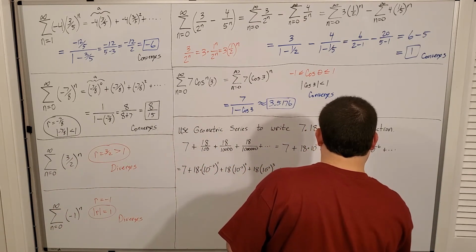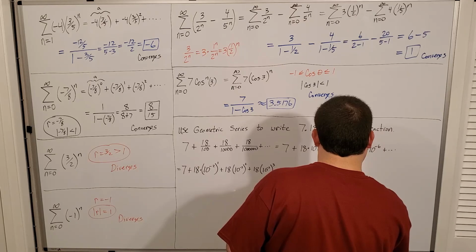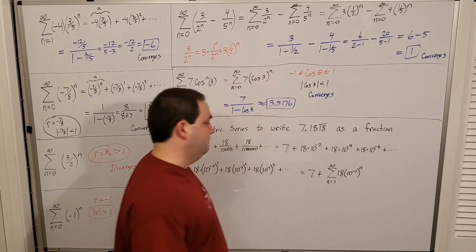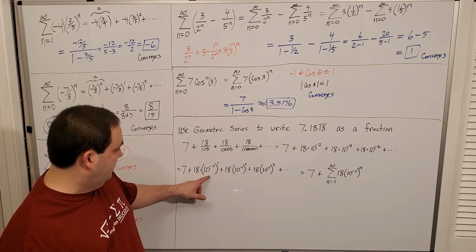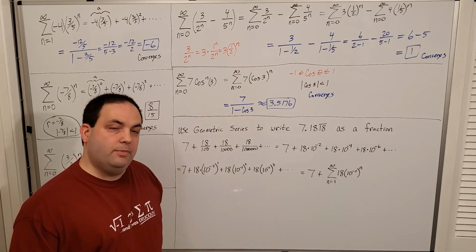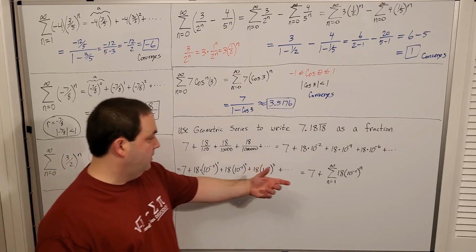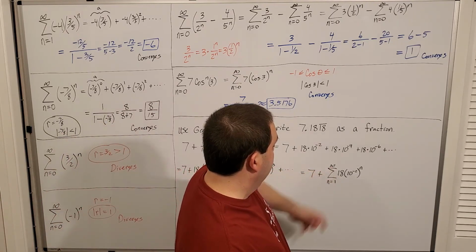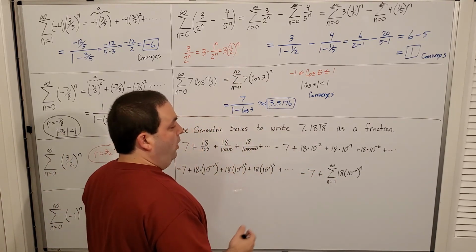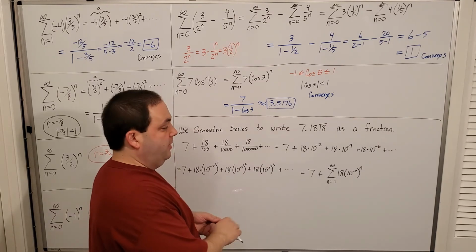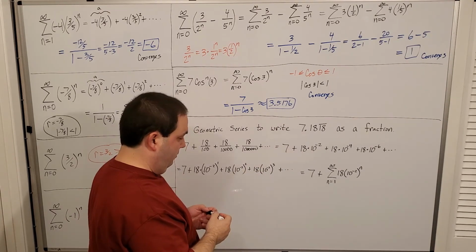Okay. And then it's 18 times (10 to the negative 2) to the n power, because 10 to the negative 2 is the thing that I keep using as my base here.